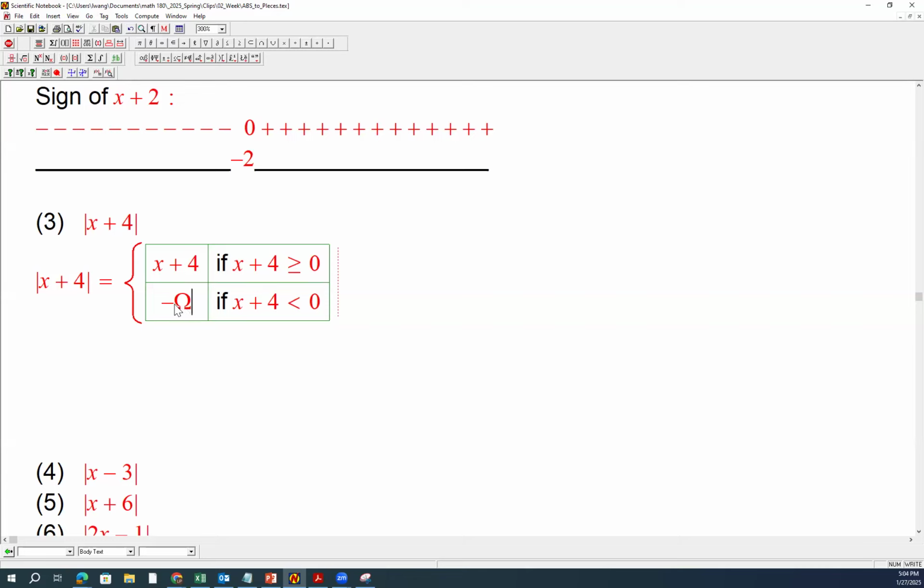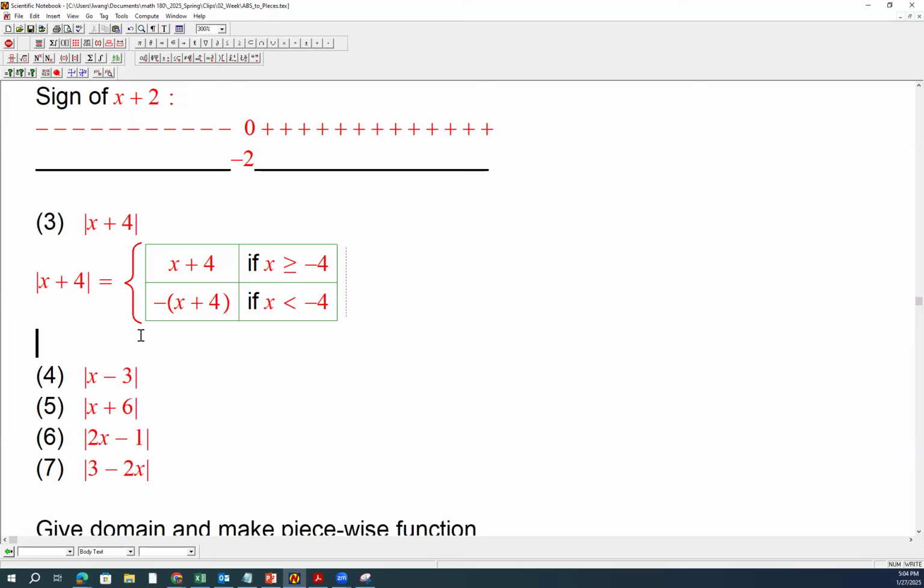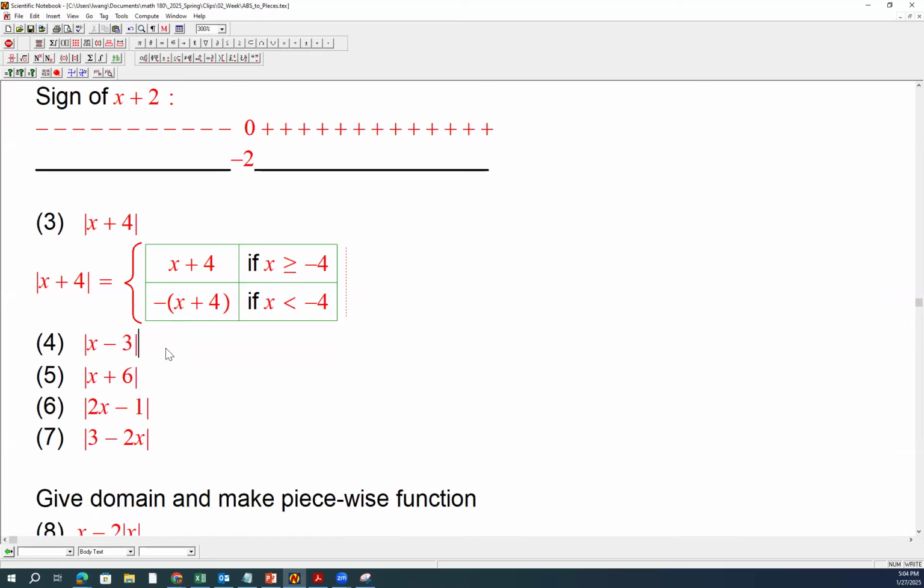And over here, don't forget there should be parentheses and x plus 4. And then you can do this inequality right here. Subtracting 4 on both sides, x is greater than or equal to -4, and this will be x less than -4. You can draw similar pictures as we did earlier, but it wouldn't be necessary because we don't need to draw it for everyone. It's just for understanding.